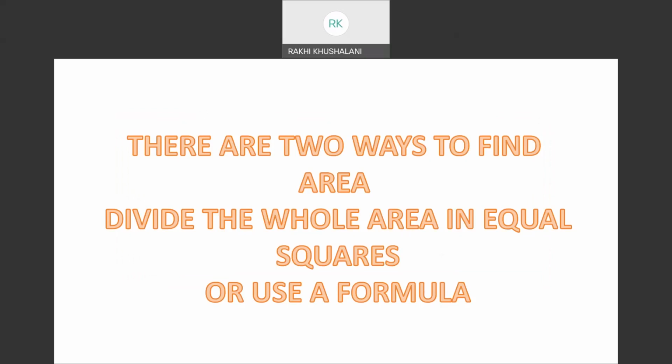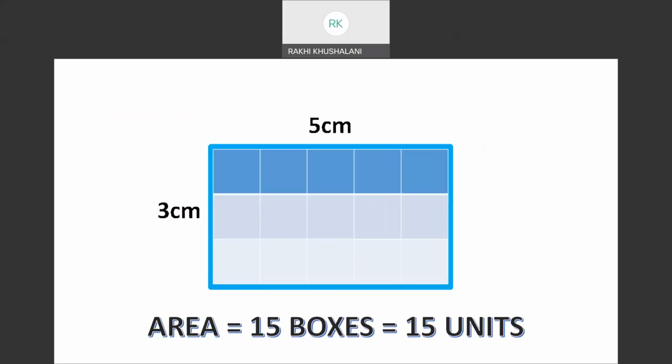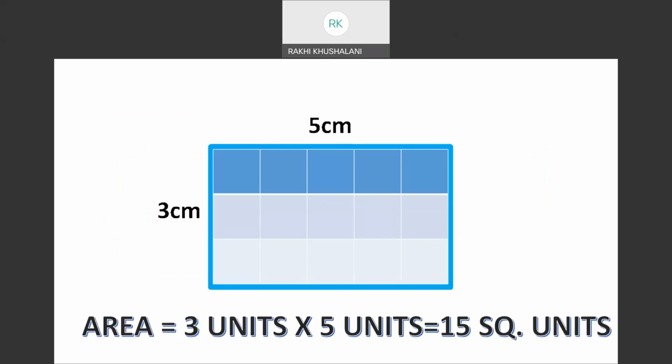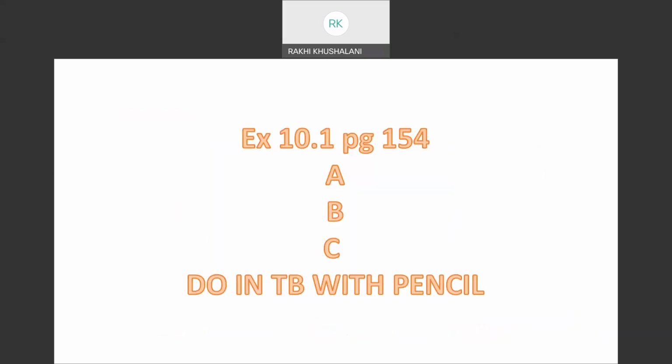One, you divide the whole area in equal squares, or you use a formula. If I divide a shape in equal number of squares, I count those squares. I say 15 boxes, or I say 15 square units.